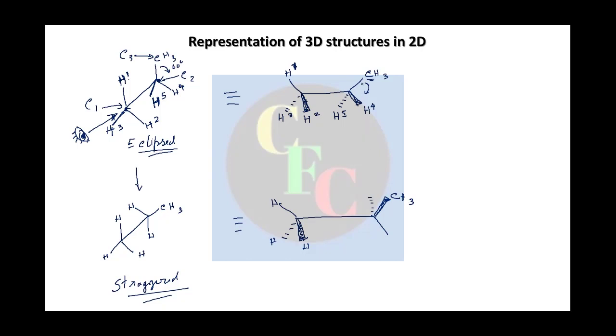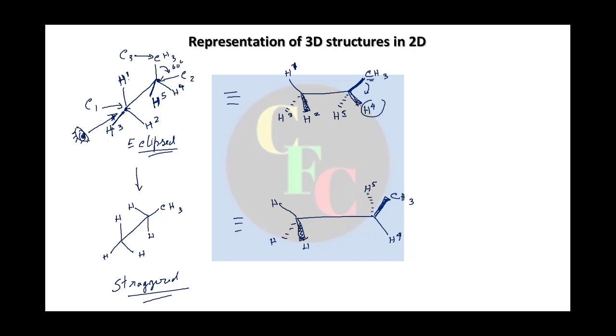It was on the plane. The carbon-carbon bond was on the plane. Now it has come above the plane, 60 degrees above the plane. Similarly, this hydrogen which was above the plane, this H4, has gone onto the plane, and this has gone below the plane, H5.